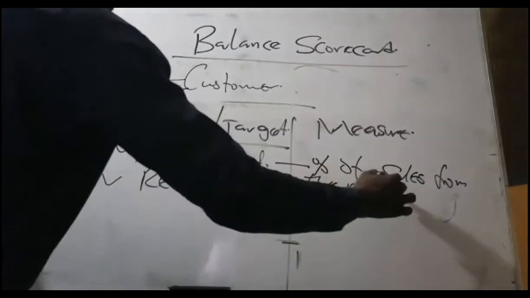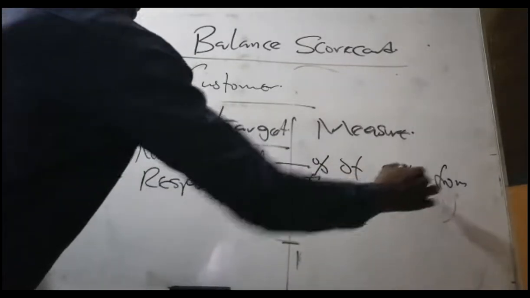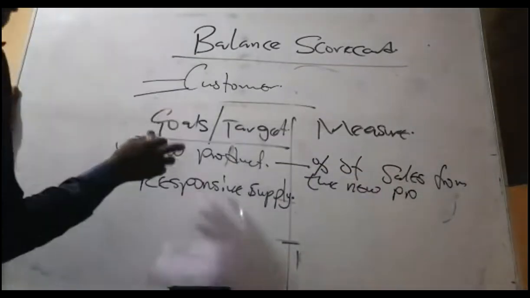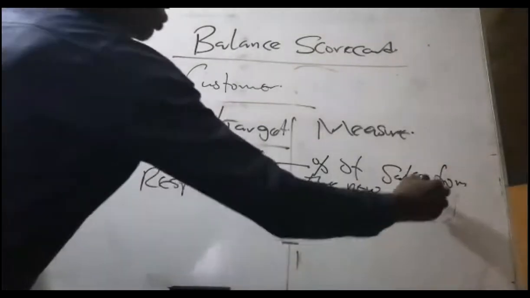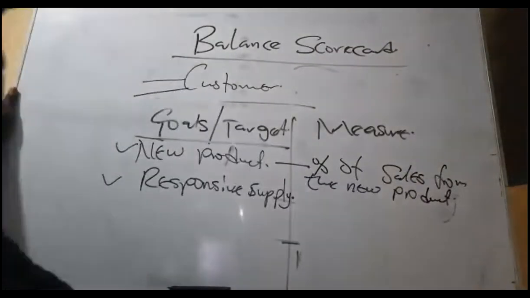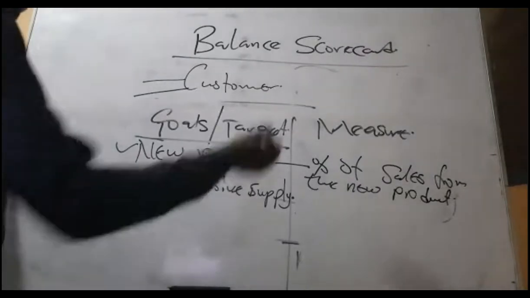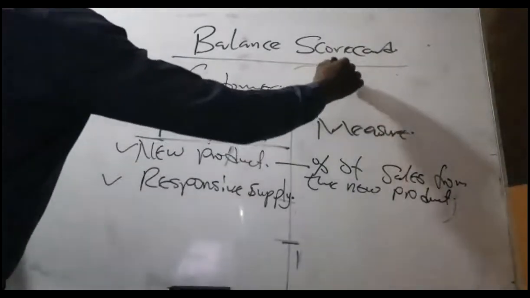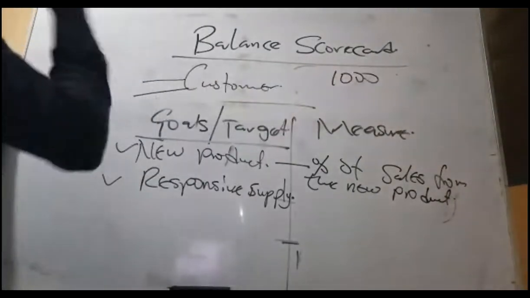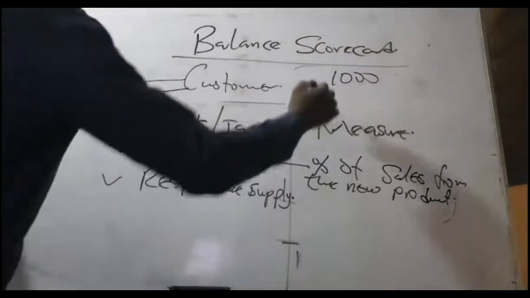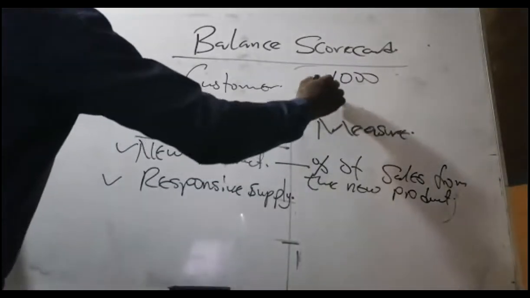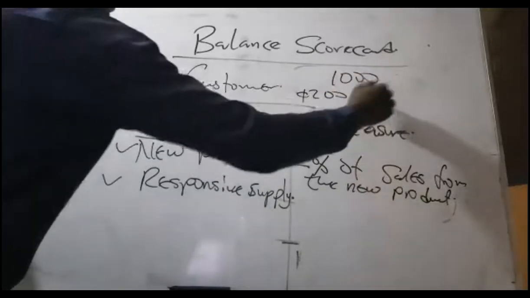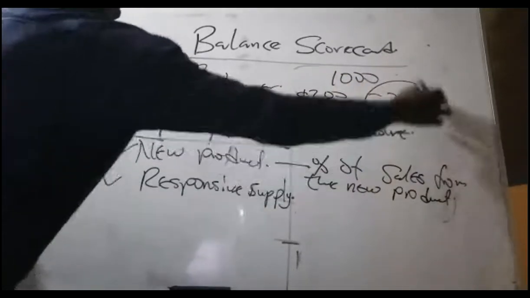That is the measure. That's what we are going to use to assess whether we have achieved that goal or not. So if in total our sales revenue is 1,000 cedis, and out of this 1,000 cedis, 200 cedis was from the new product, then it represents 20%.